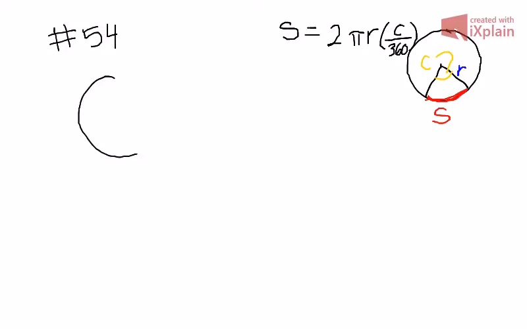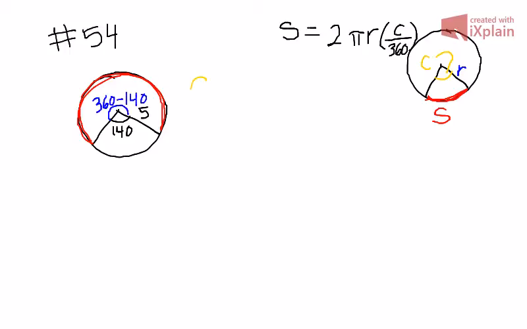Okay, so in this problem, we have our central angle that they give us, but it doesn't correlate to the s, or the arc length, the side that they want, right? So what we have to do is figure out what's on the other side of that angle. Well, we can just subtract 140 from 360, and that'll give us what that angle is, right?